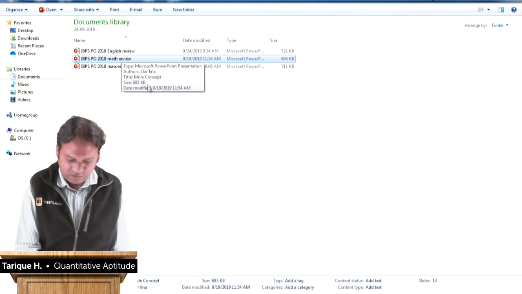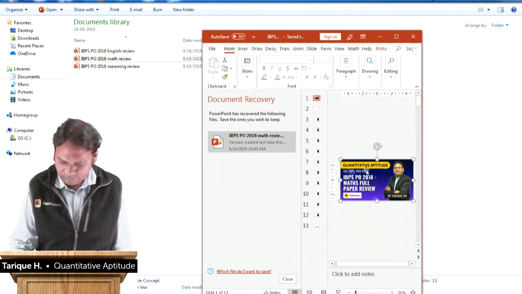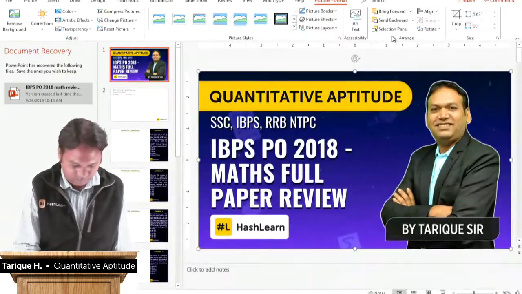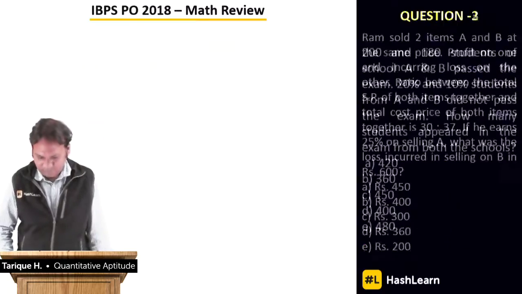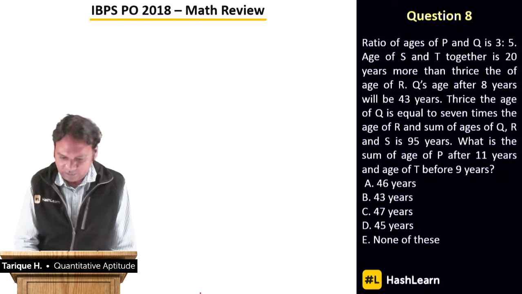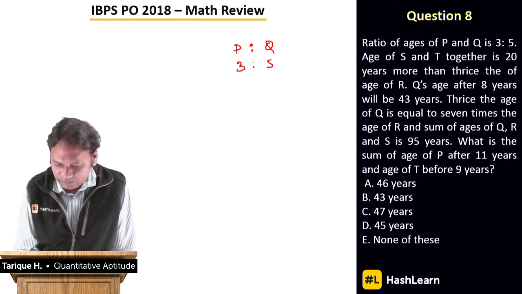One second, let me open this file again. Okay, let's start from the beginning. The ratio of P and Q is 3 is to 5. Okay, 3x and 5x, if you want you can take.